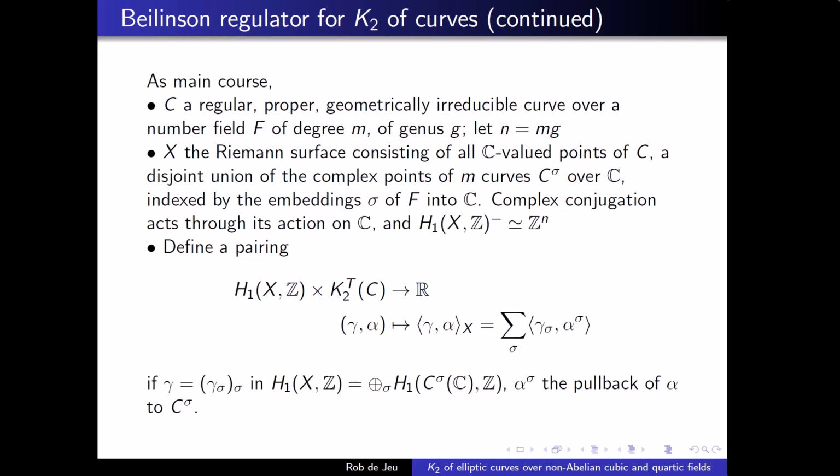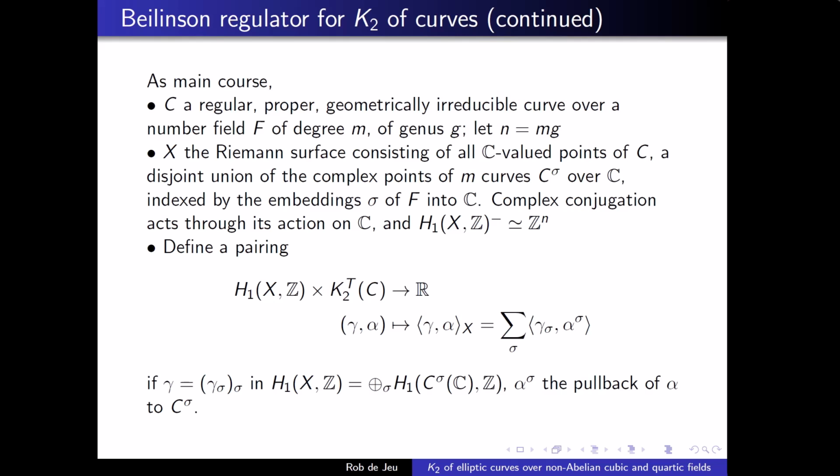To get the correct behavior, you look at complex conjugation. You embed your number field into the complex numbers, and you can let conjugation act there. Then the total H1 is of dimension 2 times m times g, and the invariants are half of that, at least the rank is half of that.